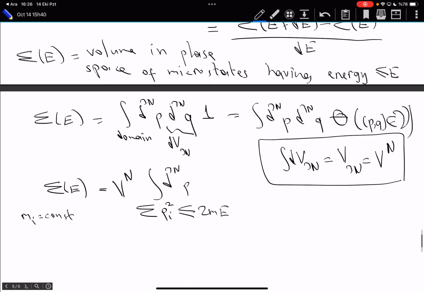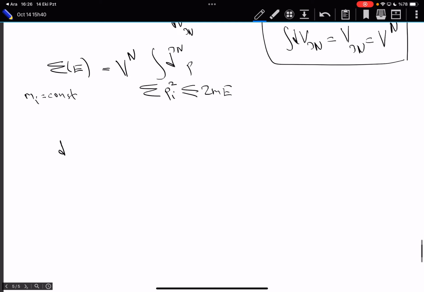Well, let's do a more intuitive example. 2 dimensions. d^2q_1 d^2q_2, such that q_i, i being 1 or 2, are restricted into this region. Okay.